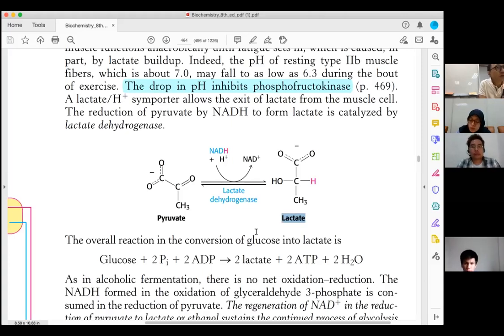So you can use the blood, the entire body, the plasma to dilute the lactate produced in your skeletal muscle during muscle contraction. So if lactate concentration accumulates, you can translate this to your students in Bahasa.